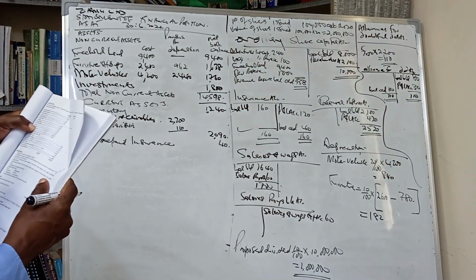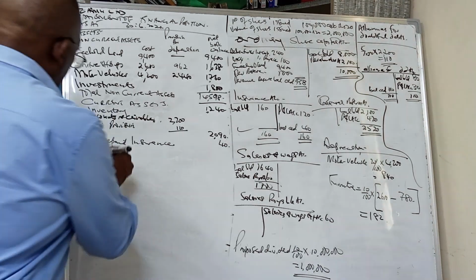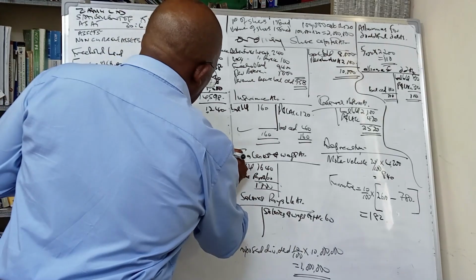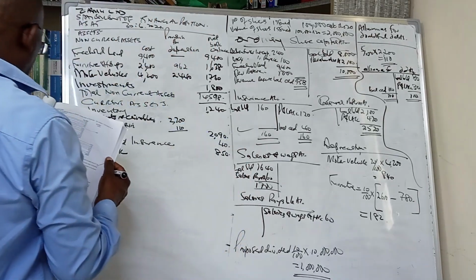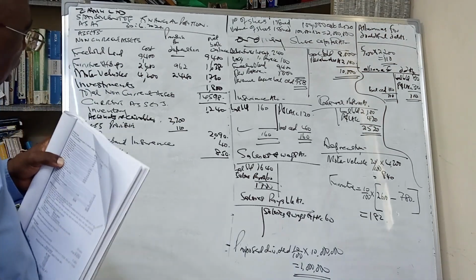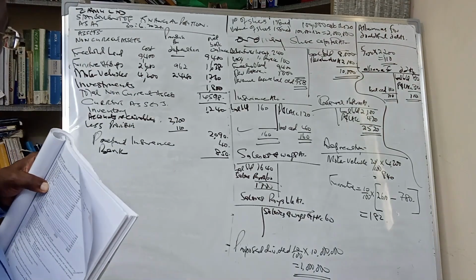Cash at the bank is 850. We don't seem to have actual cash in the office.